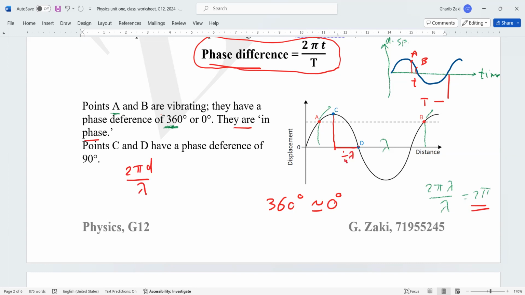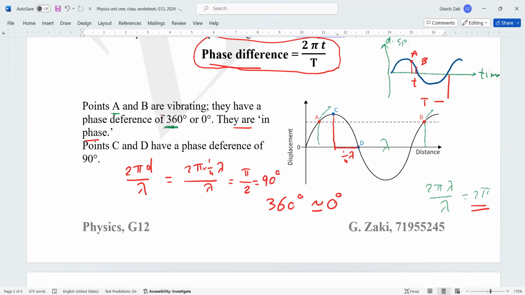Then the phase difference between C and D is 2 pi times quarter lambda over lambda. Cancel lambda with lambda, so 2 pi over 4, it's pi over 2, or it's 90 degrees.